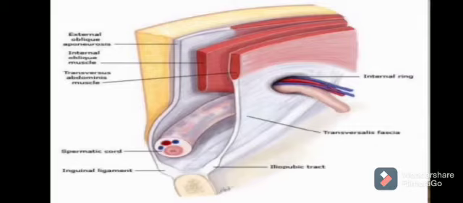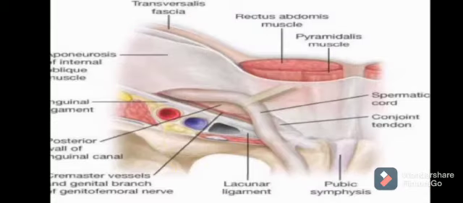And we will see it allows passage through the spermatic cord and the round ligament, spermatic cord in male and the round ligament in the female. And here a tunnel is formed for these structures to pass, which is called the inguinal canal. You can see in this picture this canal well.